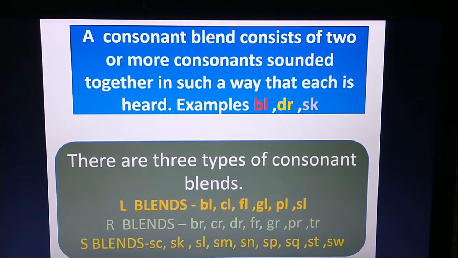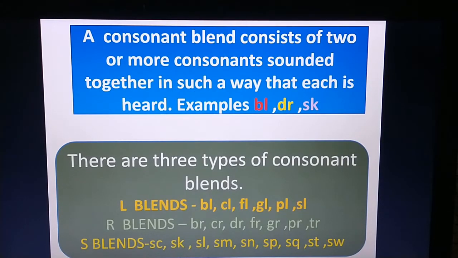Like I have shown you of BL, that when we mix B and L, the sound is bl. That means the sound of B is also coming and sound of L is also coming. Sound of B is b, sound of L is la. So when we make them one, it is bla.